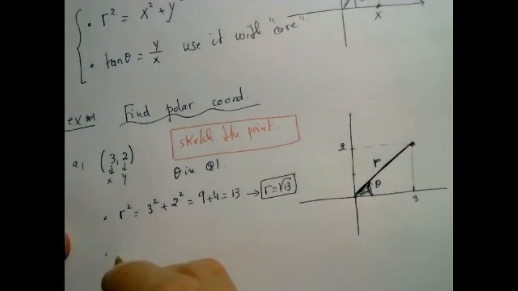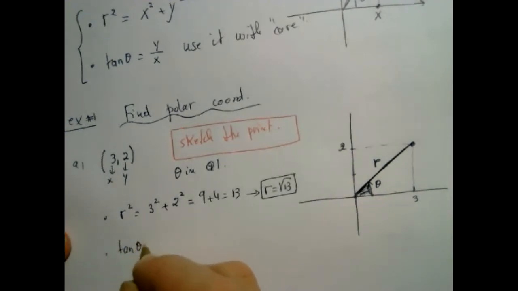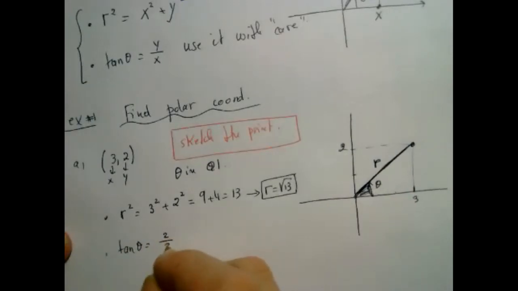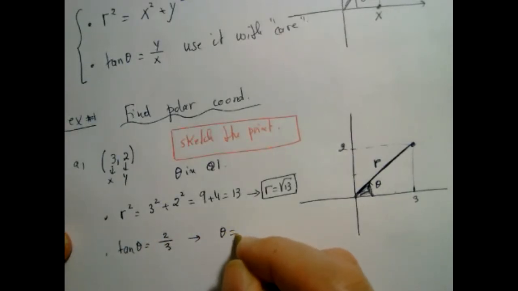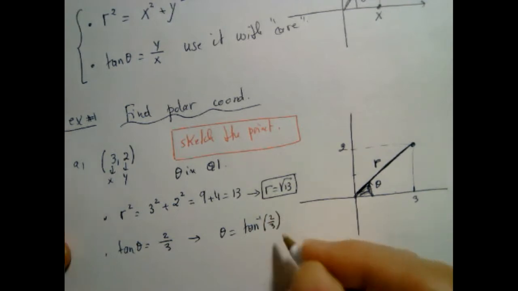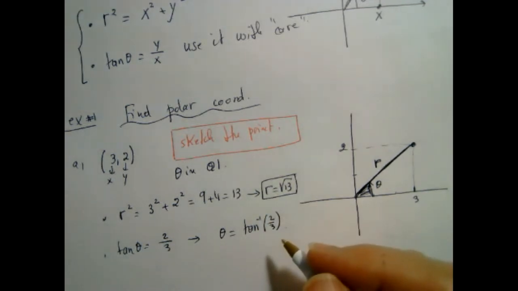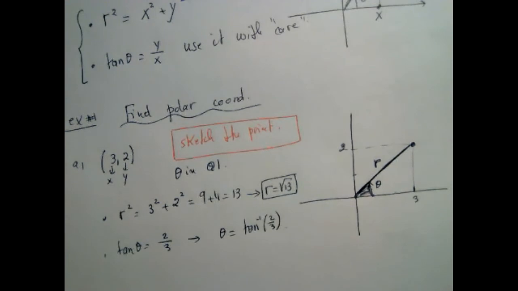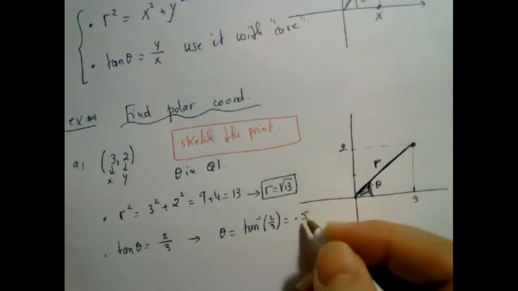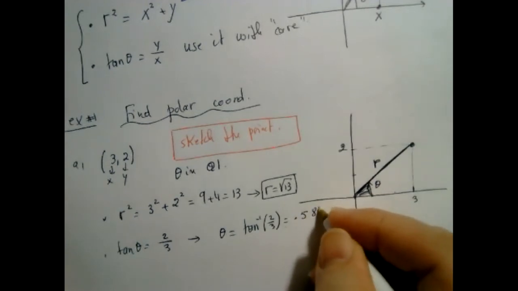In this problem, using the tangent is easy because it's the y over the x, 2 over 3. It means theta is the inverse tangent of 2/3, and we are working in radians. I have no idea what this is, it's just a certain angle. If we plug it into our calculator, we get 0.588 radian.